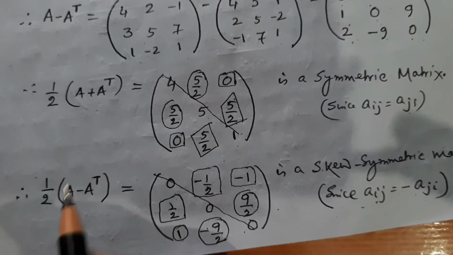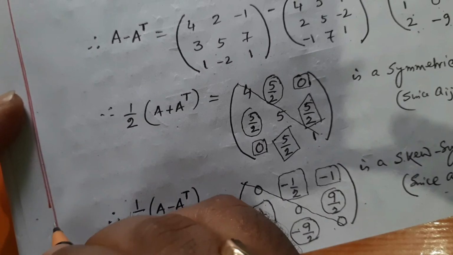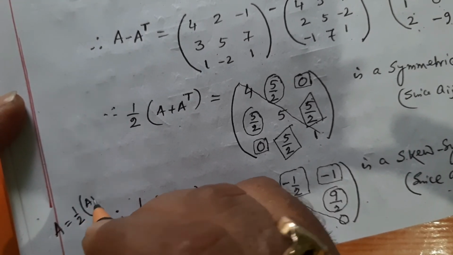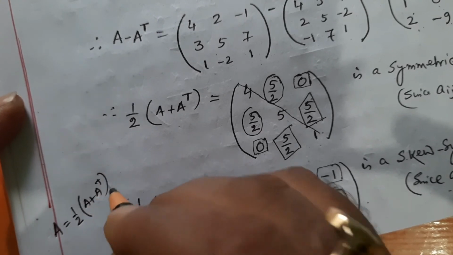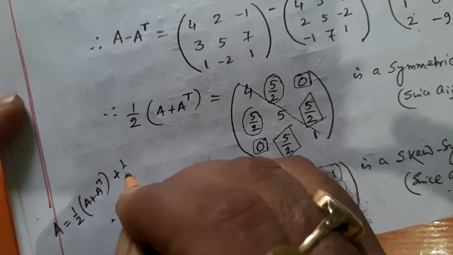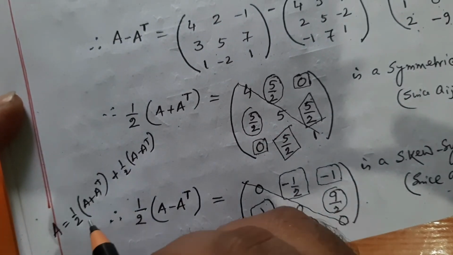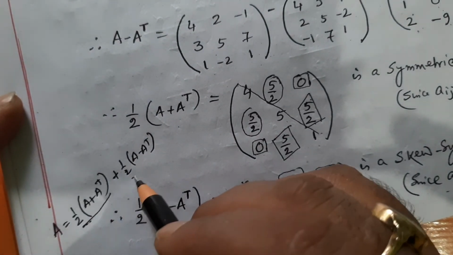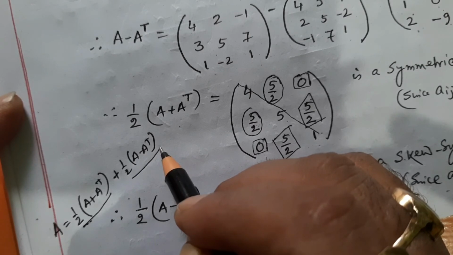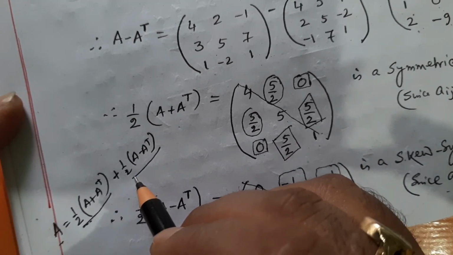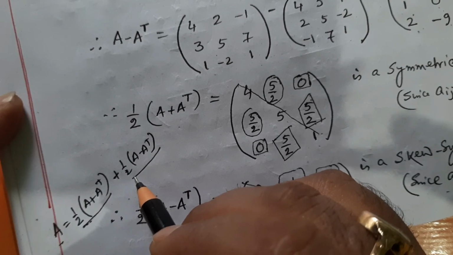Therefore A is equal to half of (A plus A transpose) plus half of (A minus A transpose). This is a symmetric matrix and this is a skew symmetric matrix. Therefore we can say a matrix can be expressed as the sum of a symmetric and a skew symmetric matrix.